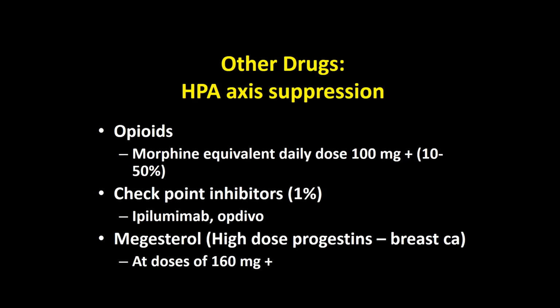There's another group of drugs called the immune checkpoint inhibitors, and you'll see these patients occasionally coming in through the emergency room. The classic example is a patient who's had melanoma and has been given one of these drugs, ipilimumab or Opdivo, and they're coming in with a low blood pressure. These drugs tend to cause loss of ACTH production.